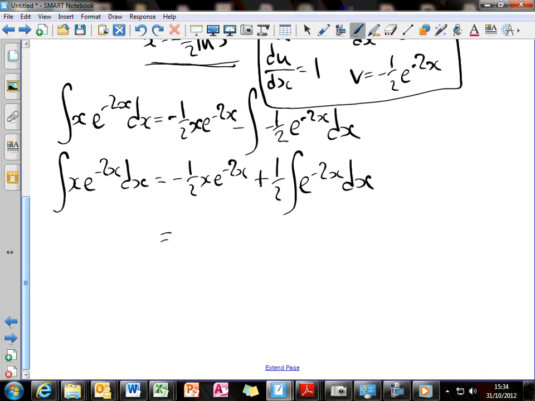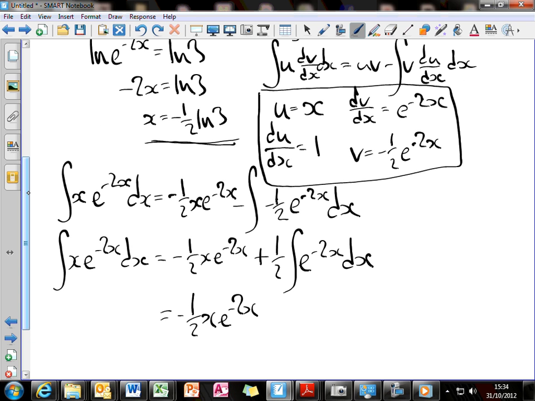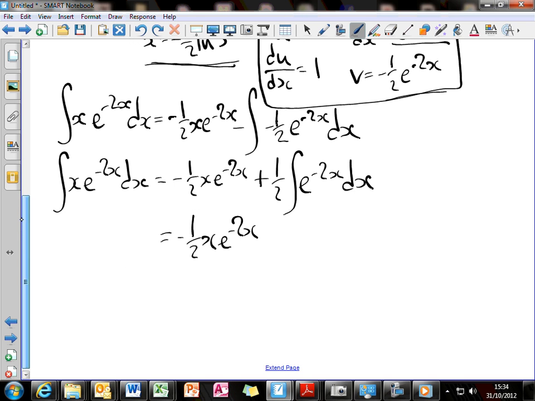When I do the integration of this, it's not such a bad thing to do. I've already done the integration of it once over here, so I know what the integration of it is.